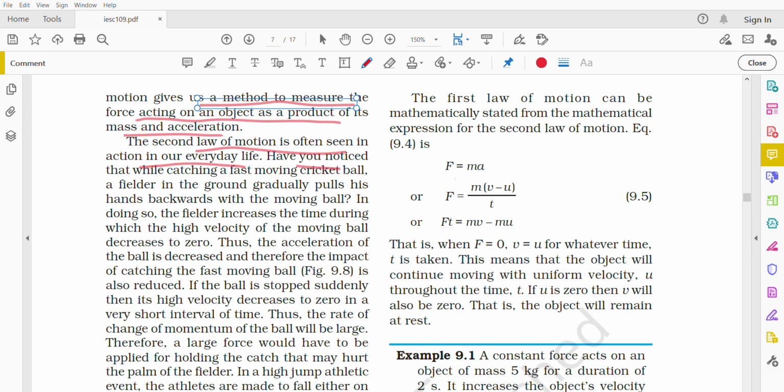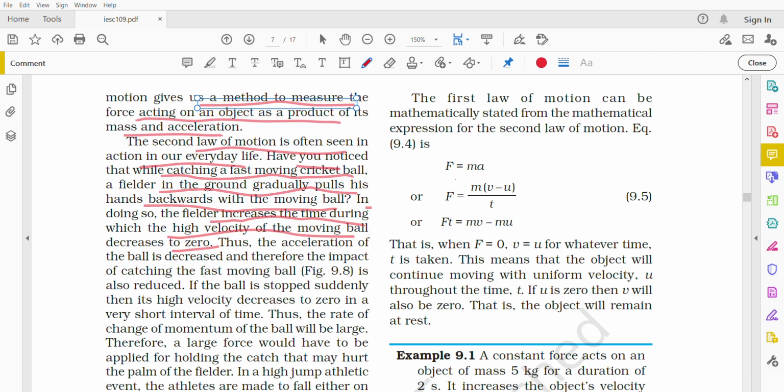Have you noticed that while catching a fast moving cricket ball, a fielder gradually pulls his hands backwards with the moving ball? Why is he pulling his hand backward? So that he can increase the time, because if he increases the time, the force will be reduced. In doing so, the fielder increases the time during which the high velocity of the ball decreases to 0.